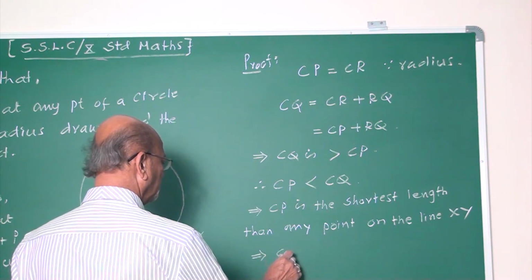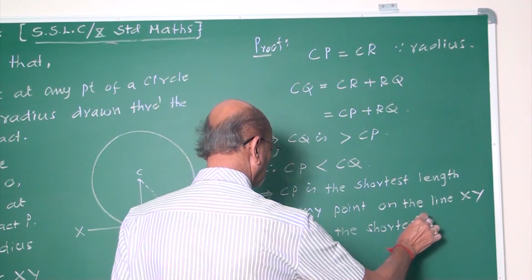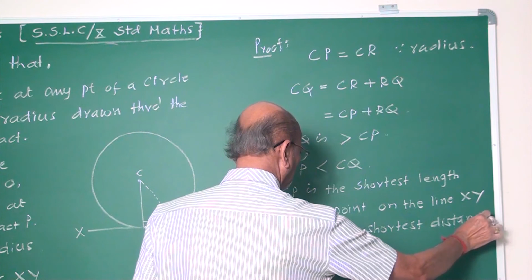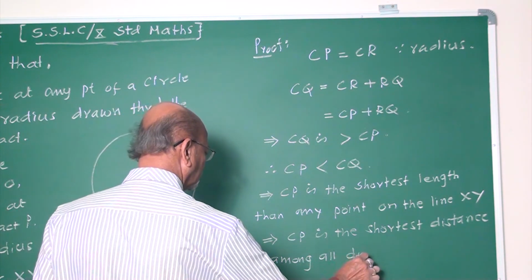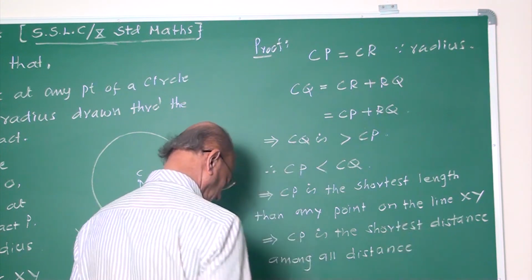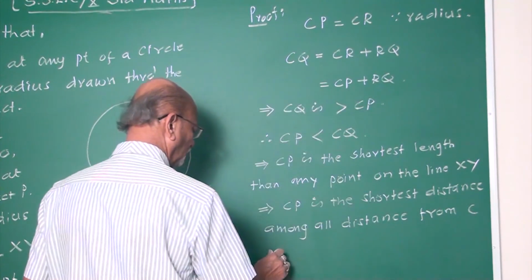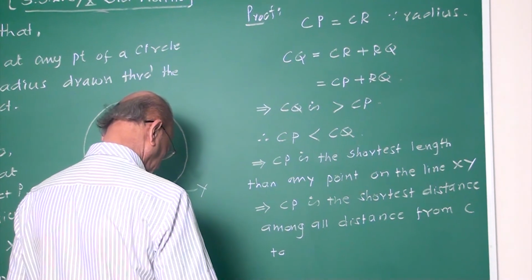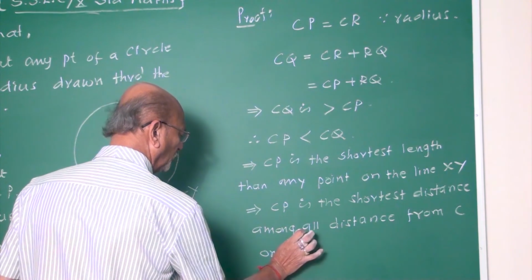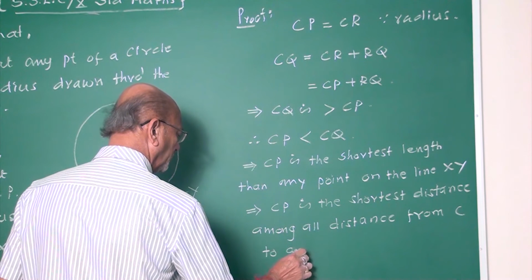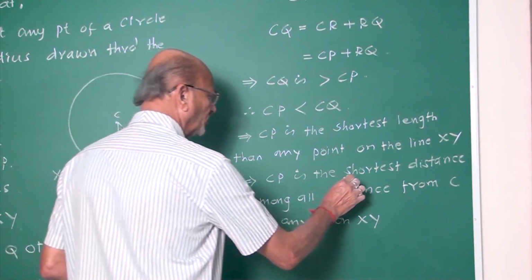This implies CP is the shortest distance among all distances from point C to any point on line XY.